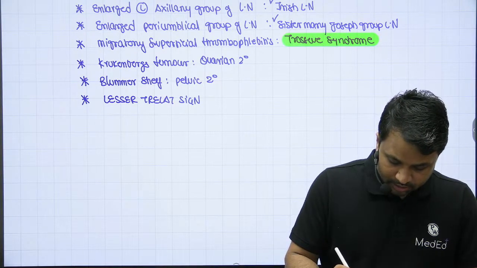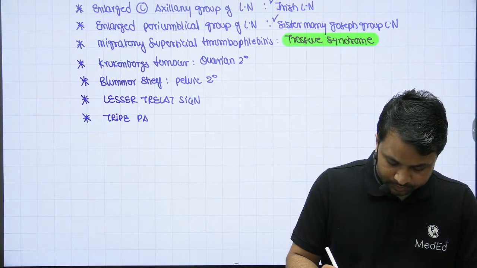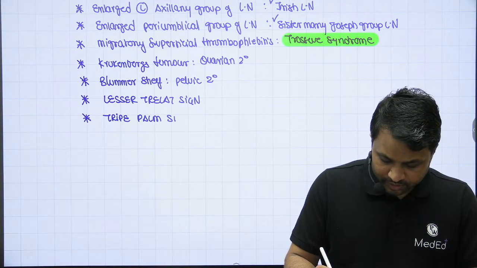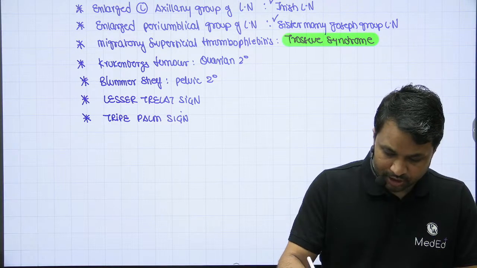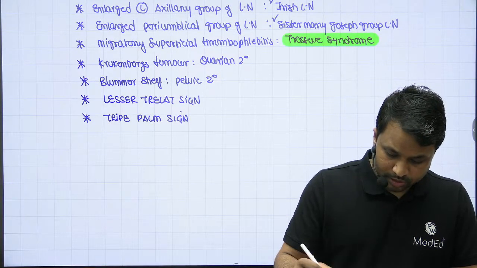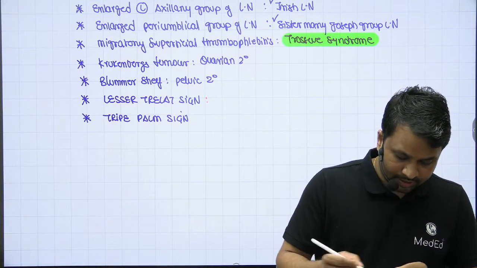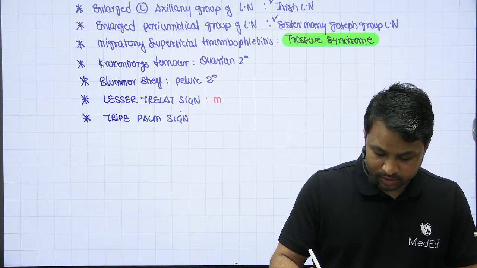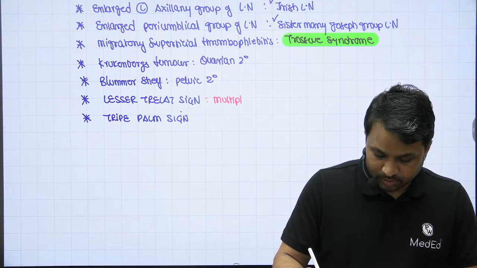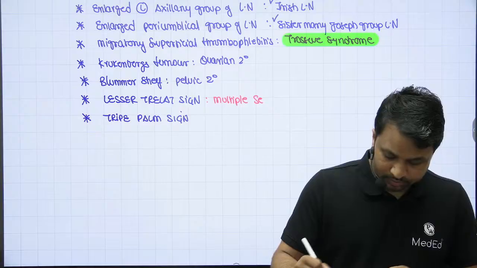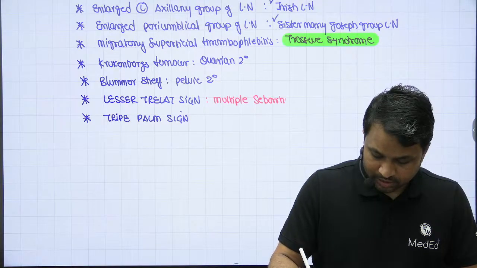Skin lesions that you can see, number one is going to be the Leser-Trélat sign, and another one that you get is going to be the tripe palm sign. Now, what is your Leser-Trélat sign? Your Leser-Trélat sign is nothing but multiple seborrheic keratosis.